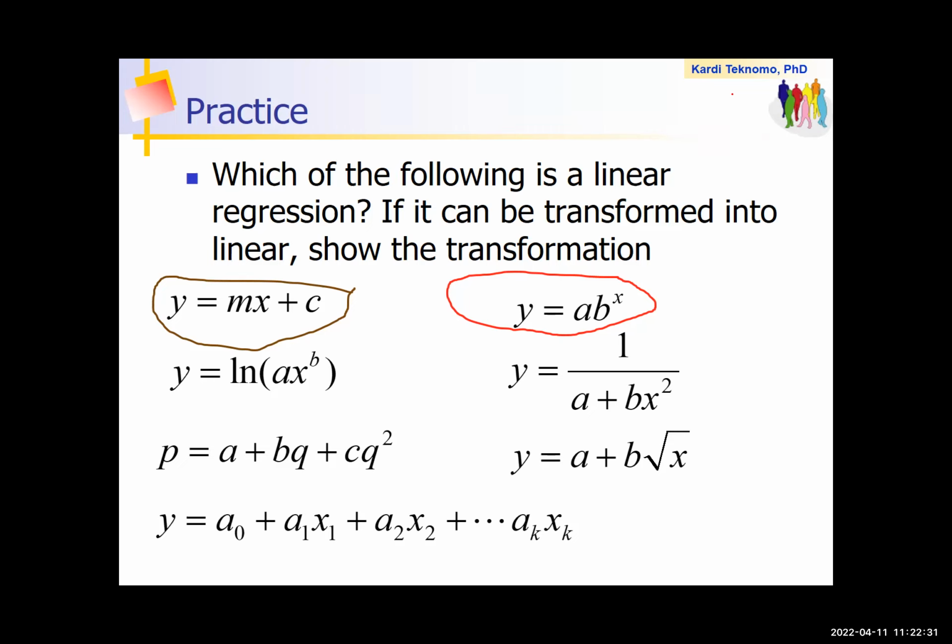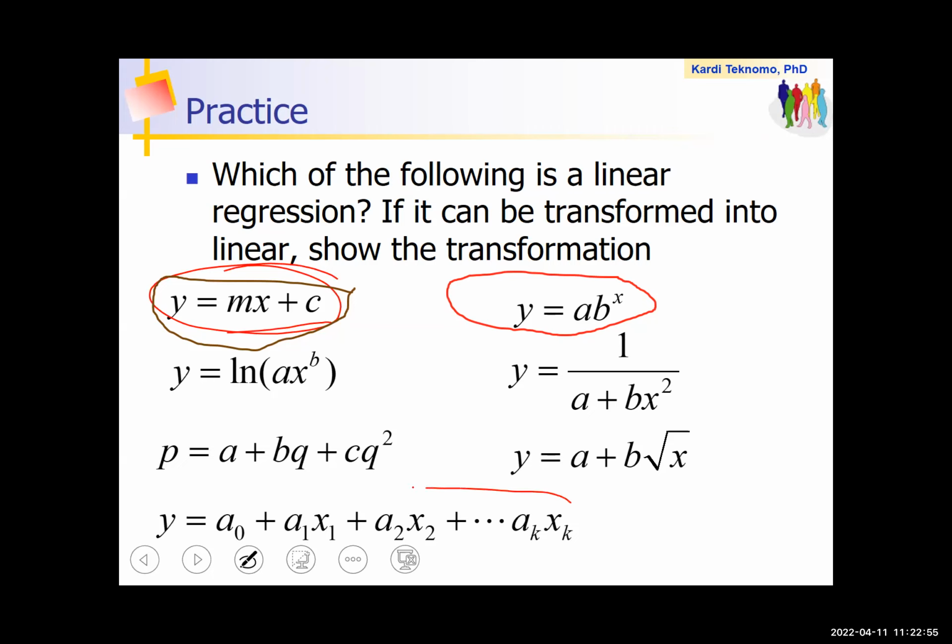In fact, all of these models that I've shown here are actually linear models. There is none of them that is non-linear. In this topic, you will learn all of these as linear. Here, this is called simple linear regression.